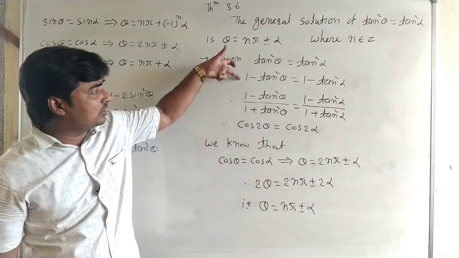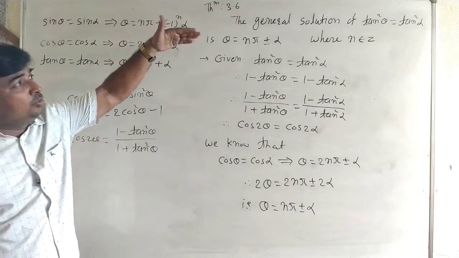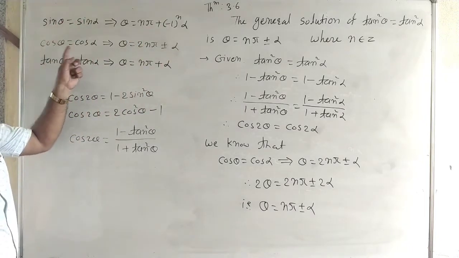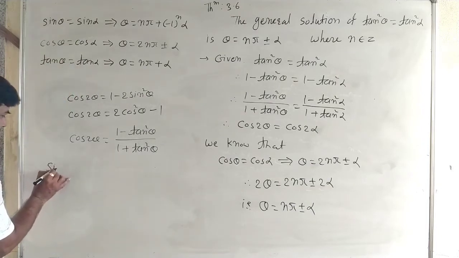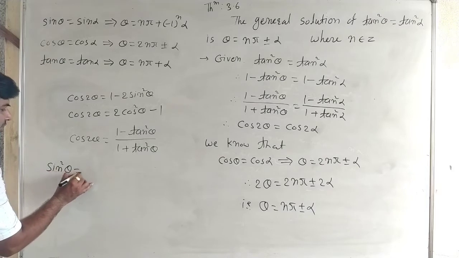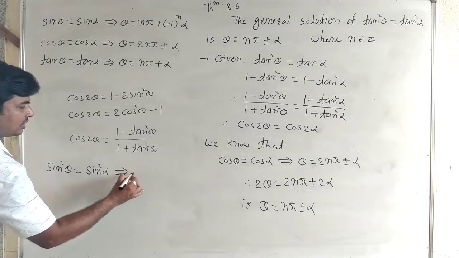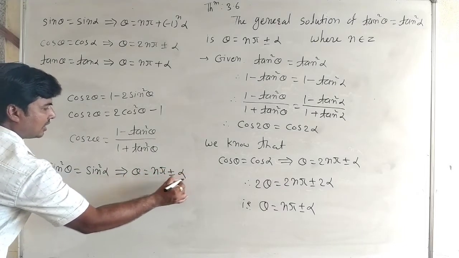Okay, see carefully this. Now here again the new three formulas. It is sin theta is equal to sin alpha, cos theta is equal to cos alpha, tan theta is equal to tan alpha. Now here it is sin square theta is equal to sin square alpha. Then the solution is theta is equal to n pi plus or minus alpha.